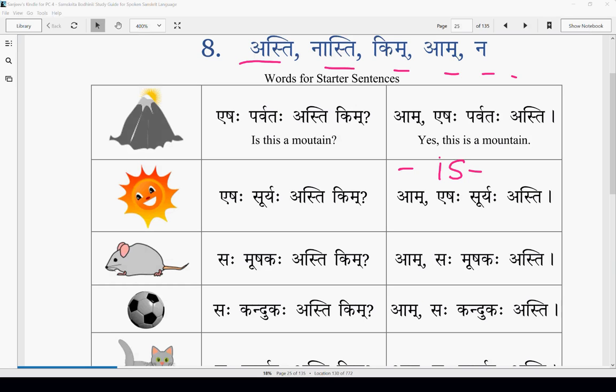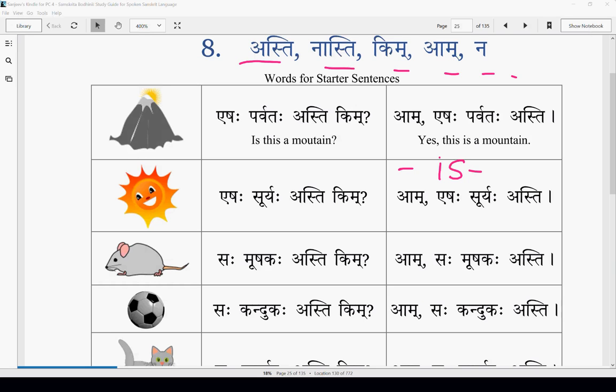Because why is that possible? Because in Sanskritam, and I think in a few other languages also, it is inflectional. The words are inflected. Inflected means what? Unlike in English, which is not an inflectional language, in English the form of the word, whether it is a subject, object, or verb, is indicated by adding another word to it.